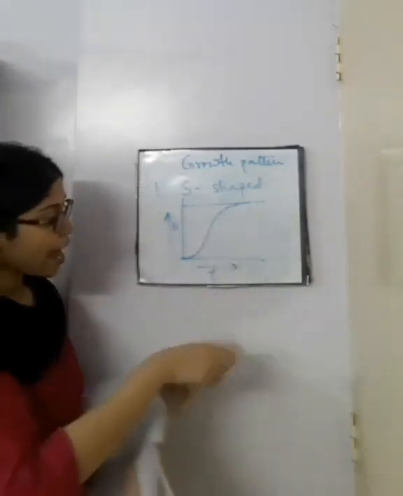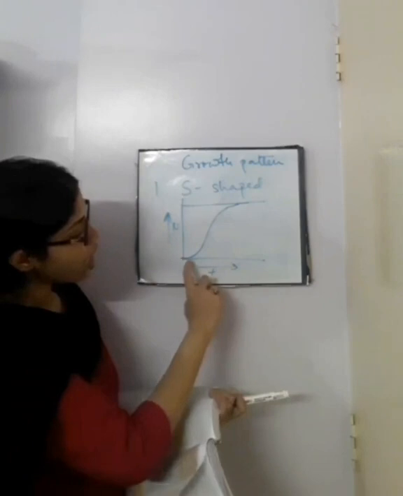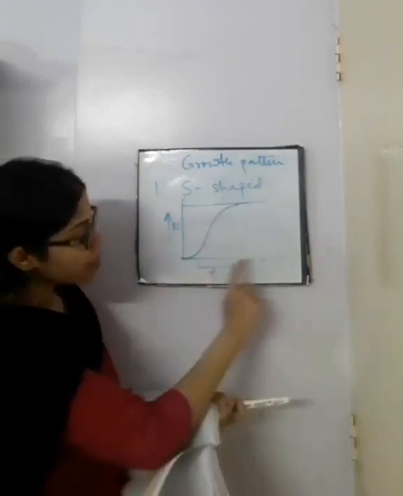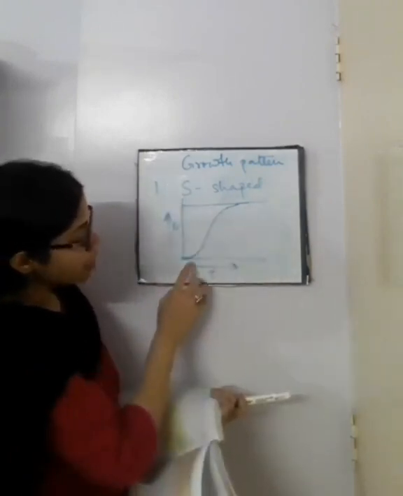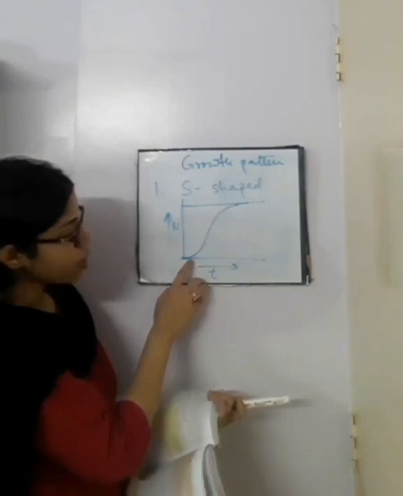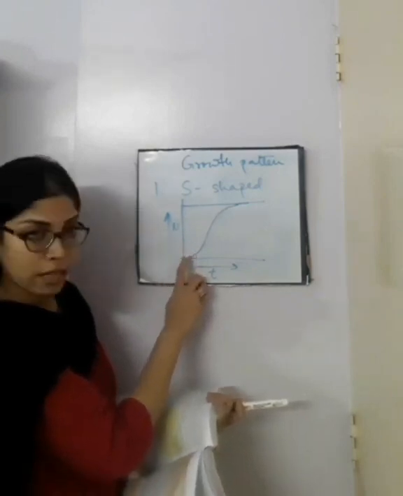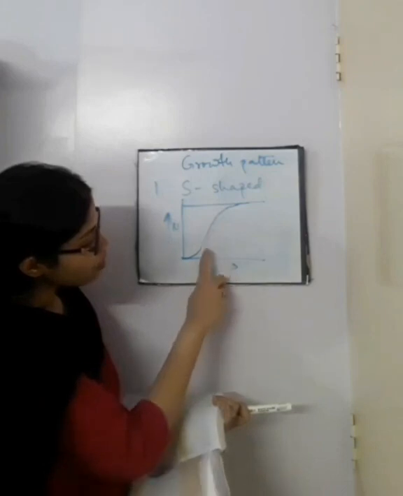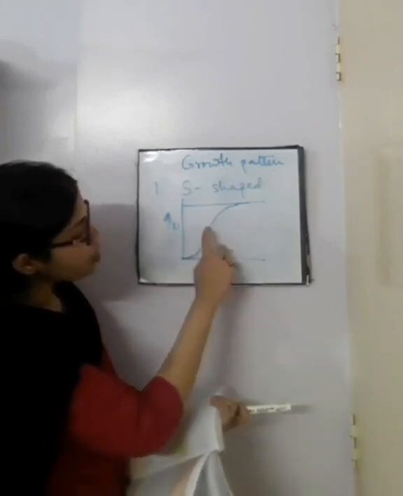According to time t, this is how the population grows. At this point in time, the population is this much, and at this later time, the population is this much.